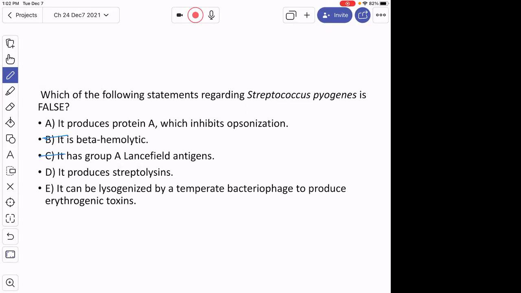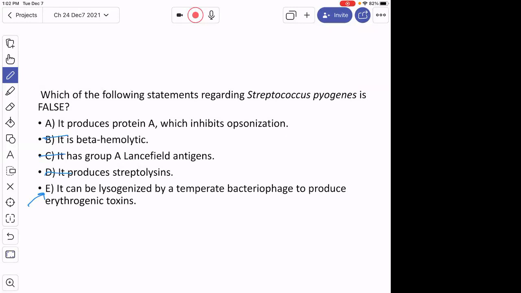More likely, what is a Lancefield antigen? These are just carbohydrates on the surface of Streptococcus, so it's a way we put Streptococcus in groups. It produces streptolysins, right? Those are exoenzymes. And this is true as well: it can be lysogenized by a temperate bacteriophage.